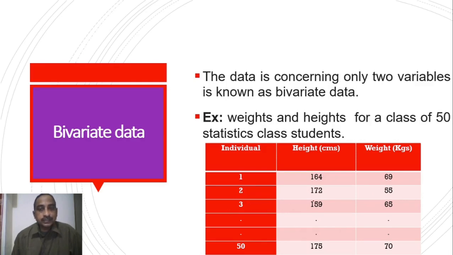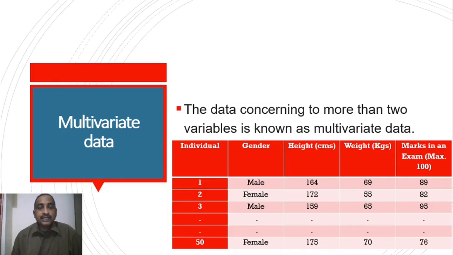Third person, height is 159 centimeters, weight is 65 kgs. The last person, height is 175 and weight is 70 kgs. If you arrange the data by two variables like this, it is bivariate data.